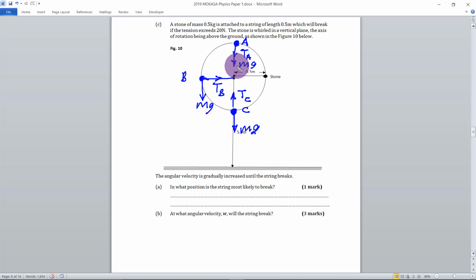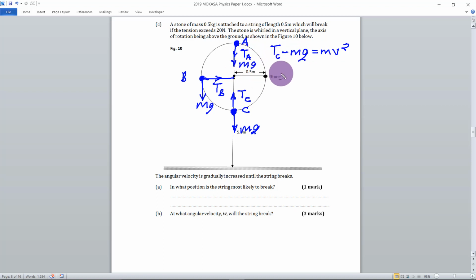So the point where the string has maximum tension is at point C, because the centripetal force, being a resultant force, is provided by Tc minus mg equals mv squared over r. That is at point C.